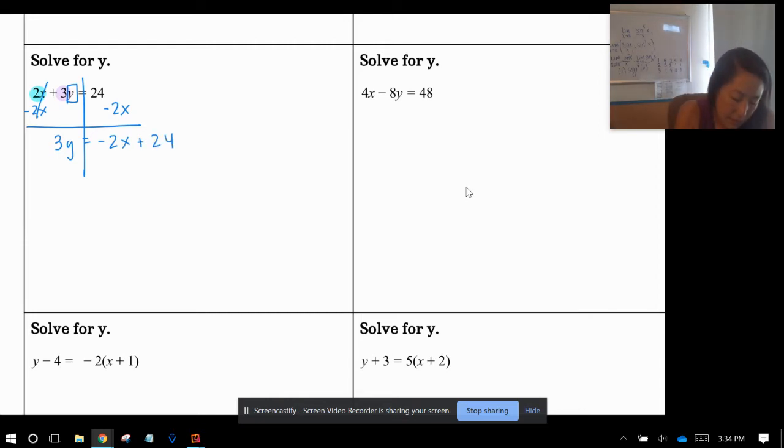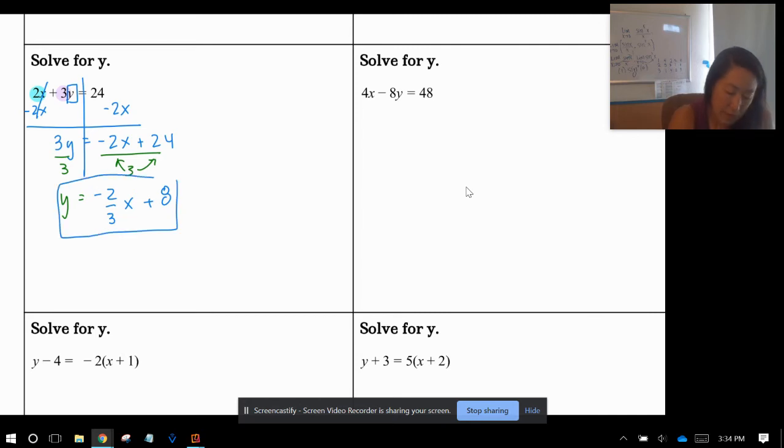Then we're going to divide by 3. So y is equal to, the 3 goes into the 2, and the 3 goes into the 24, leaving me with negative 2 over 3 times x plus 24 divided by 3 is 8. And we leave it like that.